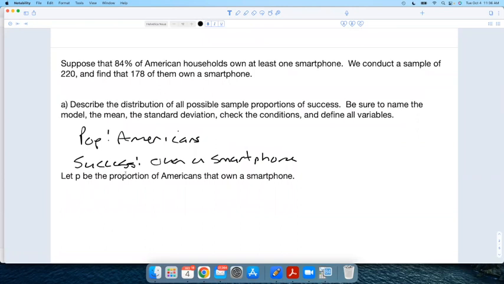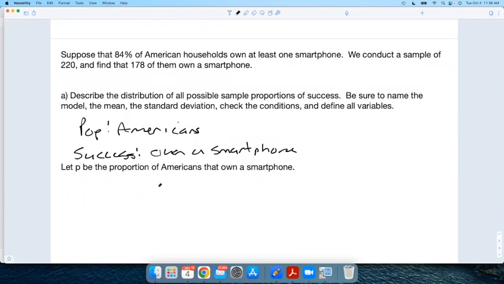Okay, so let's look at our sample. Oh, by the way, here we are told that P, the proportion of Americans that own a cell phone, is 84%. Our sample, we're always going to have an X, an N, and a P hat. They're always going to give me 2 of the 3 here.